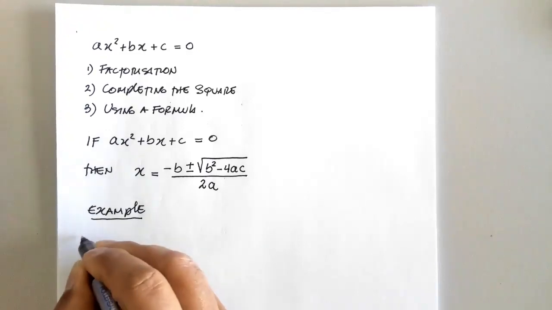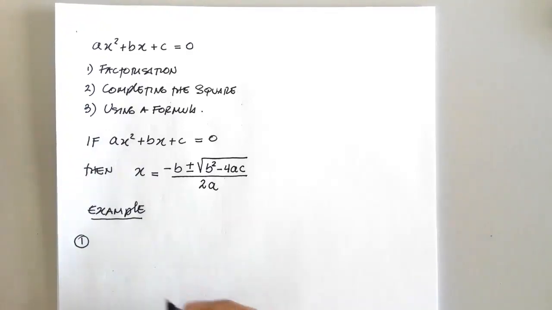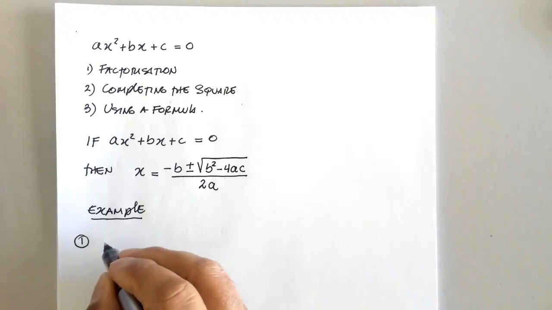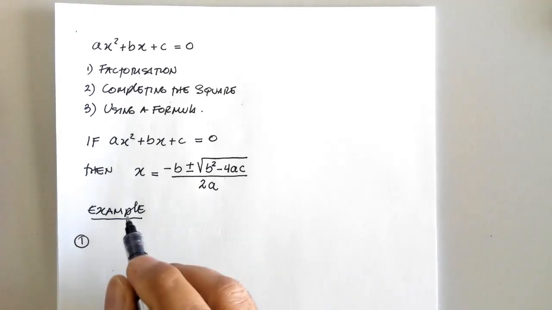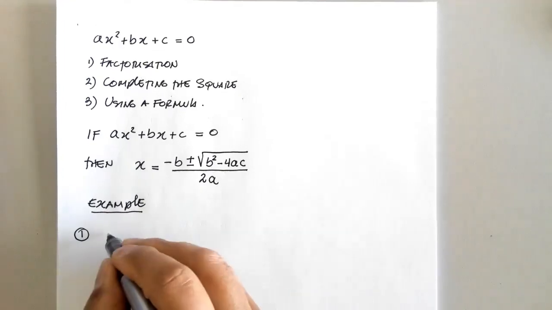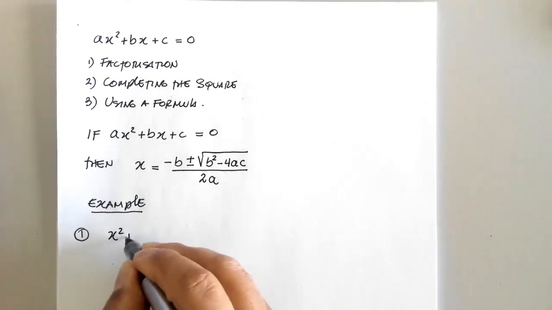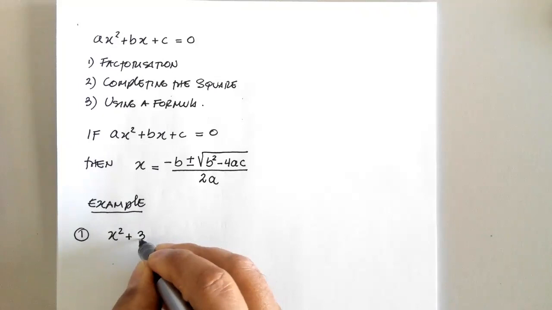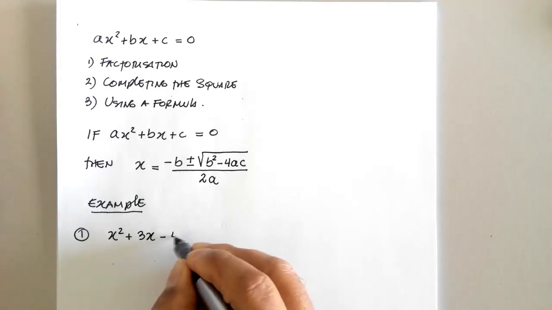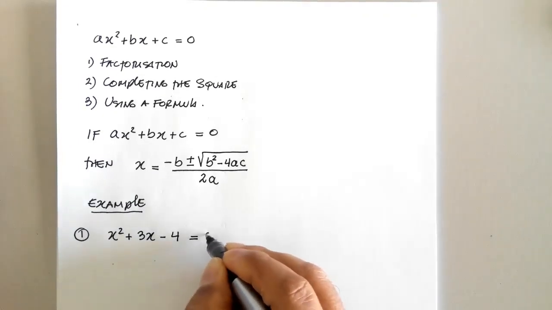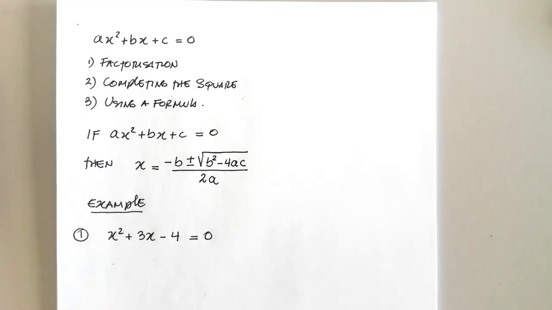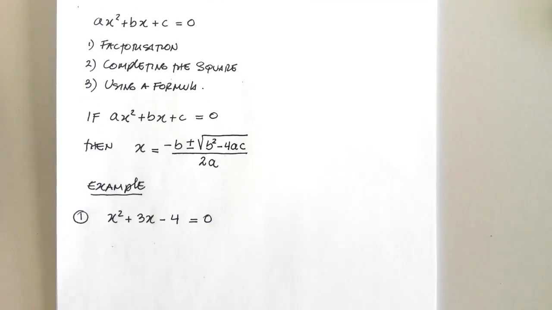Okay, number one. Let's do a monic. So x squared plus 3x minus 4 equal 0. Let's say that you have that. Okay, so here we go.